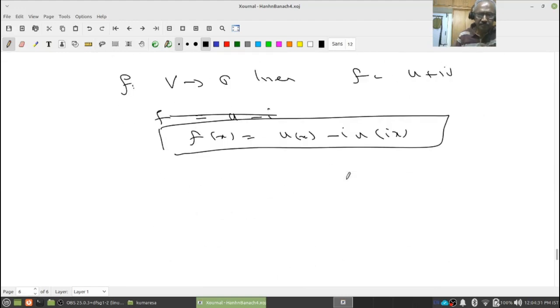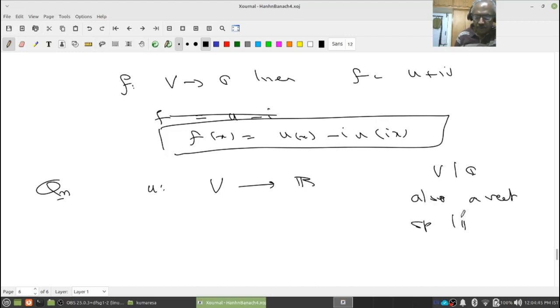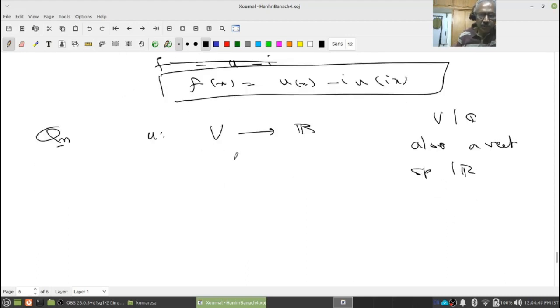Suppose I have u from V to R. Remember, V is a complex vector space, therefore it's also a vector space over R. Therefore, let u be a real linear functional.